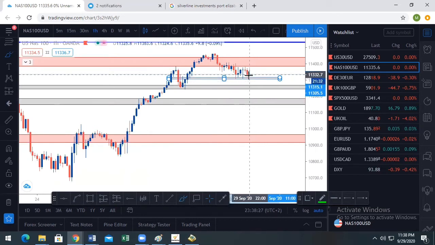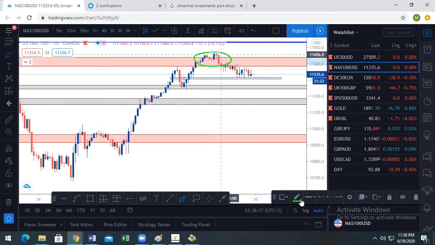One thing that a lot of people get confused with is what happens when price rejects at a zone. One thing we need to do is wait for price to first come back down, then retest our zone, and then we take our entries from there.